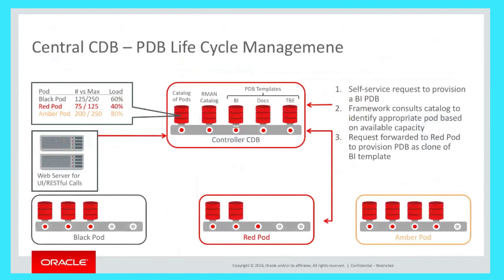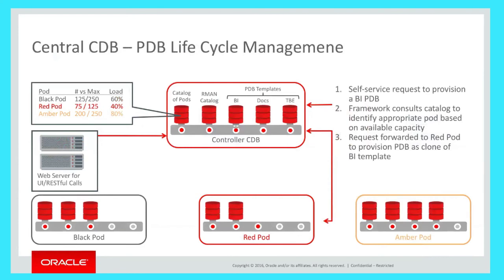In 12.2, we introduced, and in 18c, PDB lifecycle management, which we refer to as fleet management. There is a central CDB, or controller CDB, that is a metadata backend store that has some intelligence that allows us to provide metrics to an application that is requesting a provision.